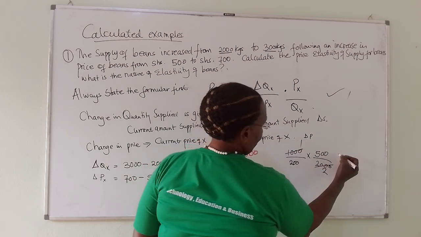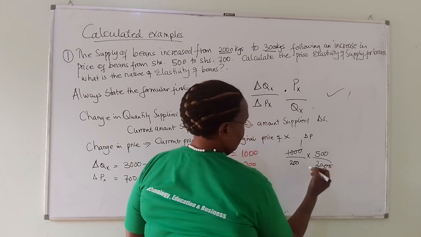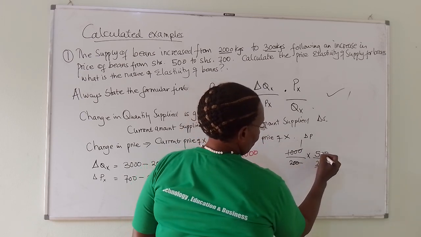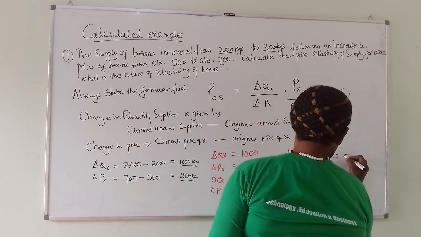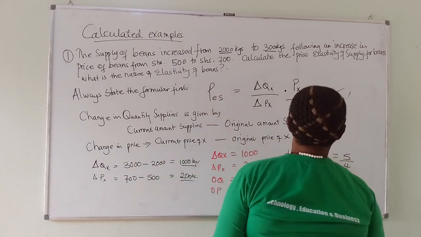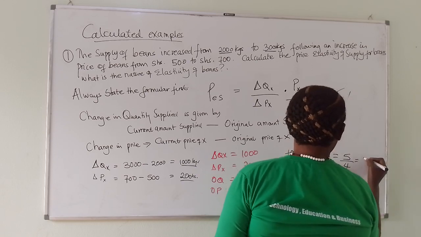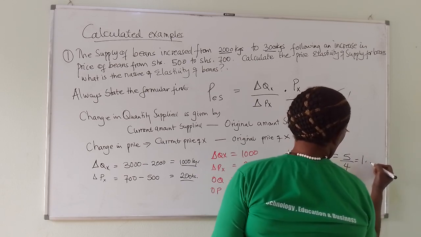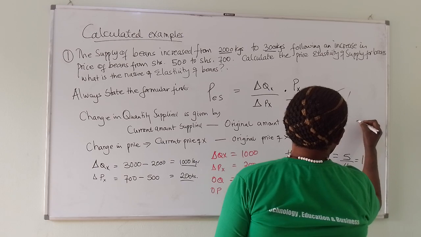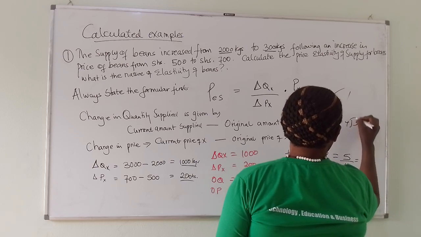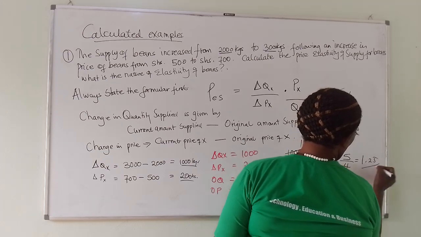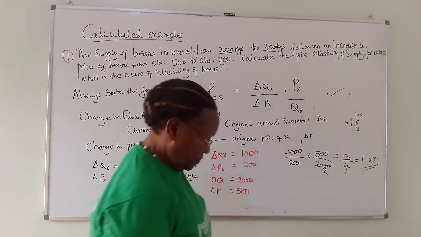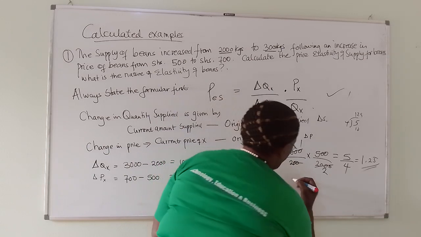And you find that you have these two zeros going, and you have 5 over 4. And 5 over 4 is 1.25. So our calculated value is 1.25.